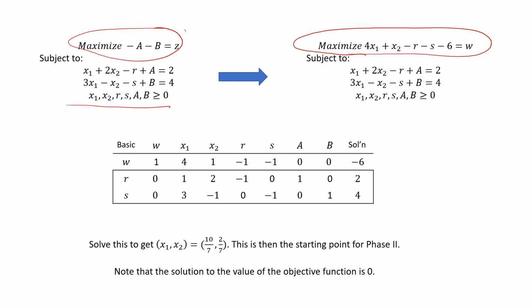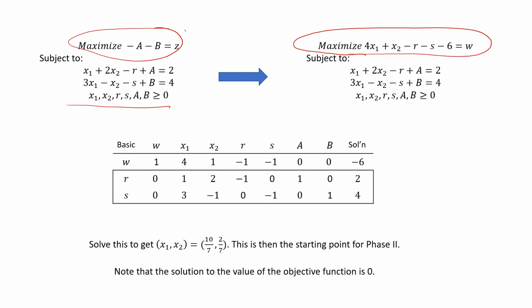So really what we're doing is we're coming out with an interim solution where A and B equal 0. We aren't worried about maximizing our original function yet. We are just working on making A and B equal to 0.